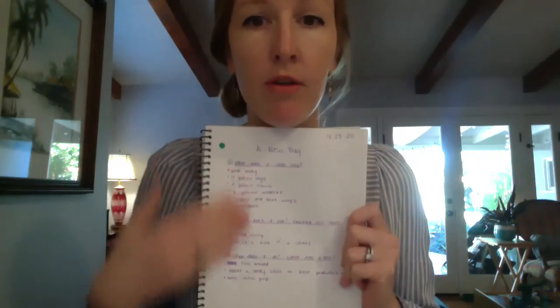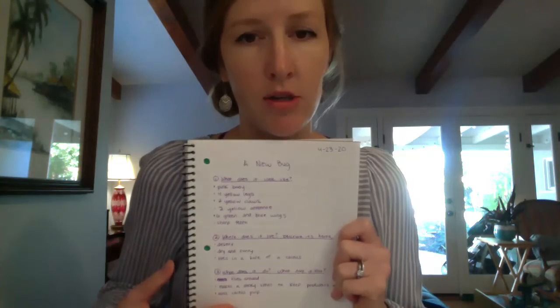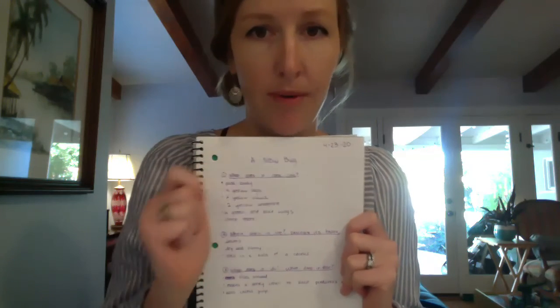So hopefully you've answered the 3 questions about your bug, and then put those away in a safe place, because we'll be using all that information tomorrow to write a really great paragraph. That's it for today.